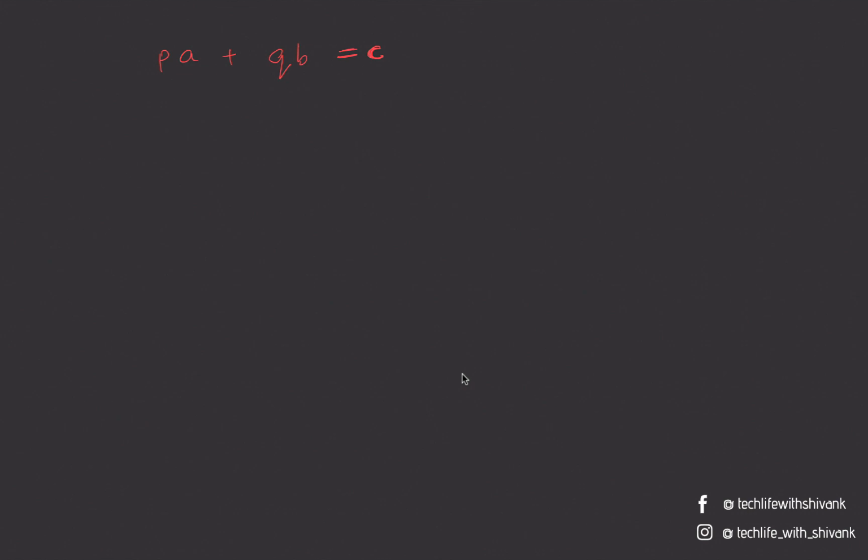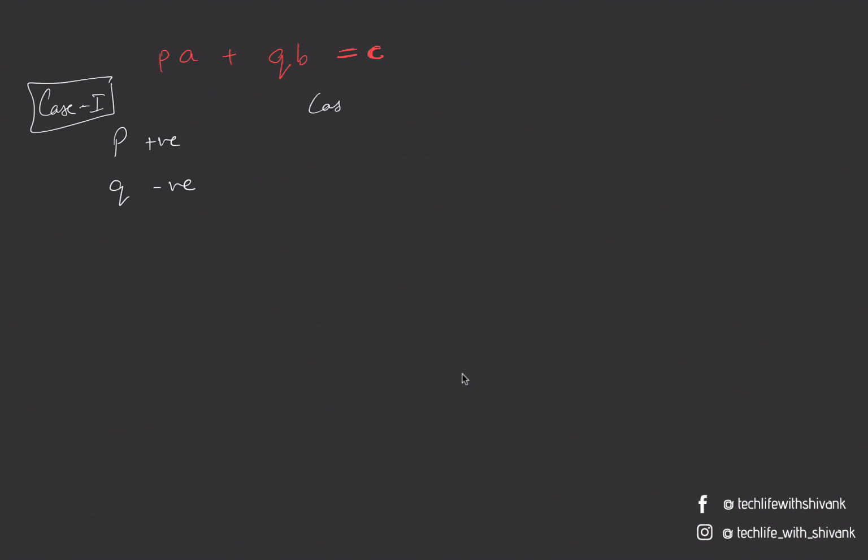Let's say if P is positive and Q is negative, it means the case 1, when we are pouring into A again and again and emptying into B again and again.